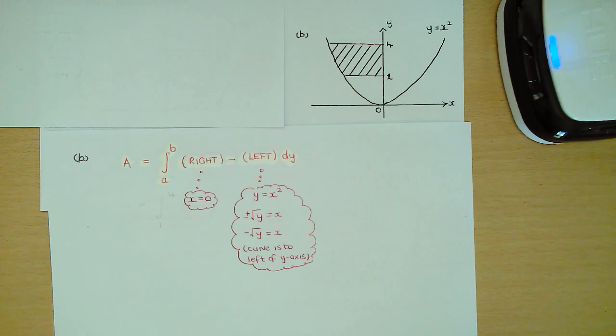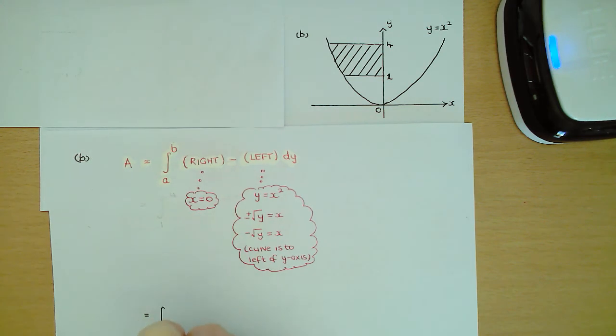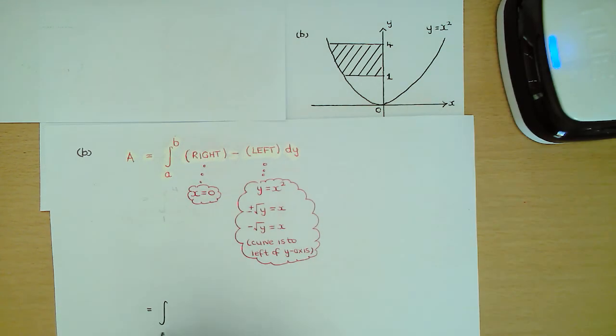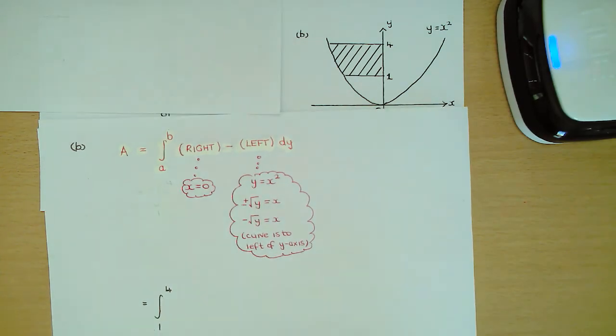We know everything, so that means area A is equal to the integral, limits are 1 and 4, so bottom limit 1, bigger limit 4. The curve on the right is just x equals 0, so we're just subbing in 0. And then we're subtracting the curve on the left, which is negative root y.